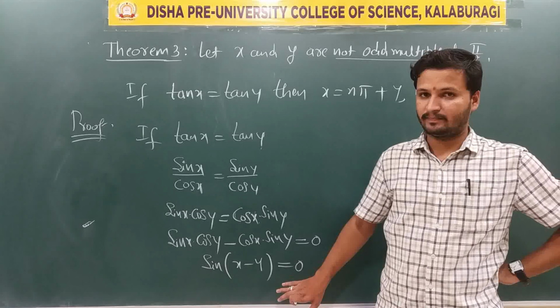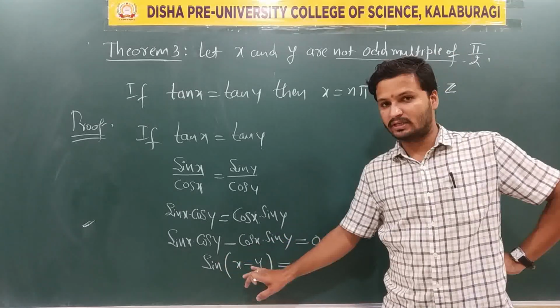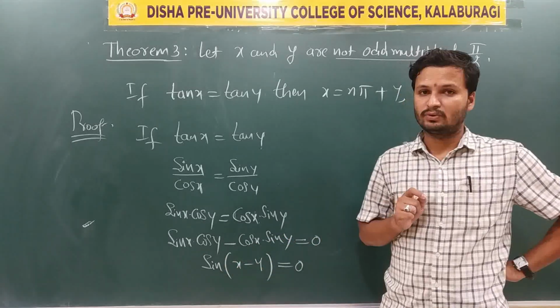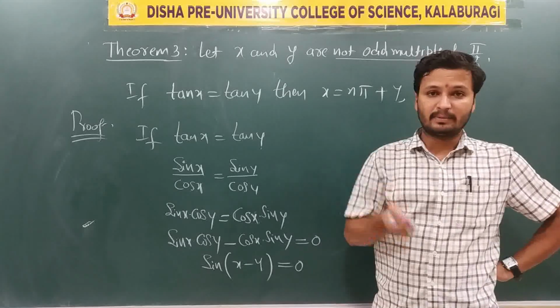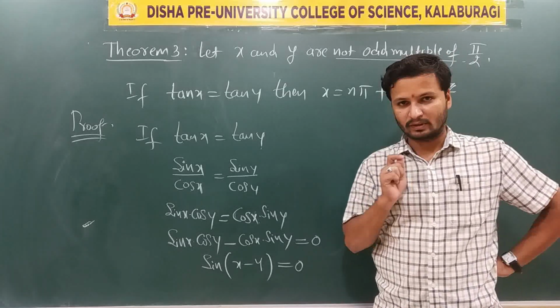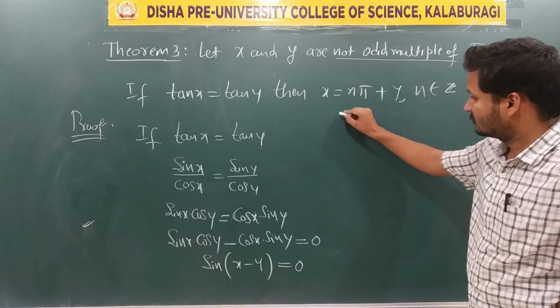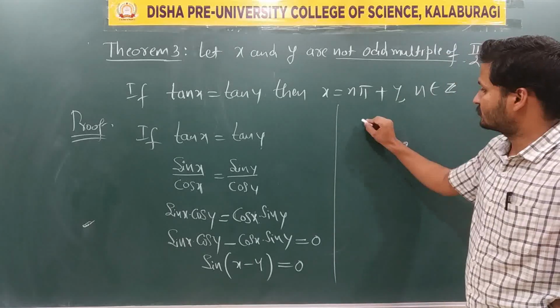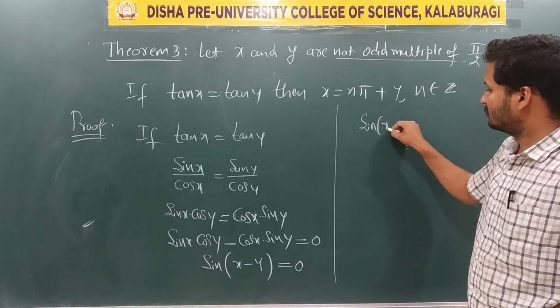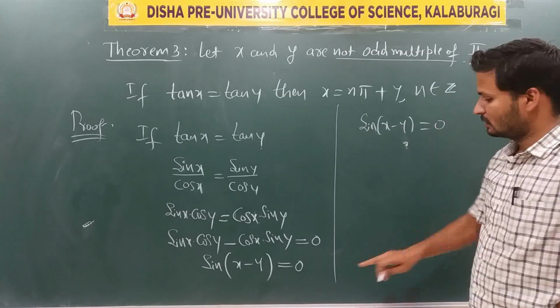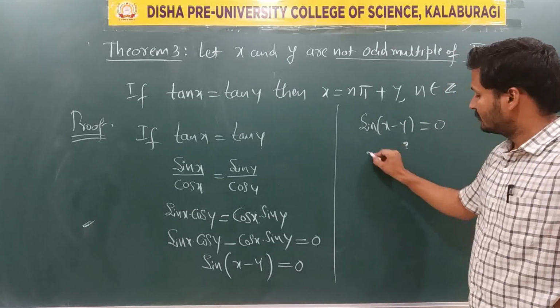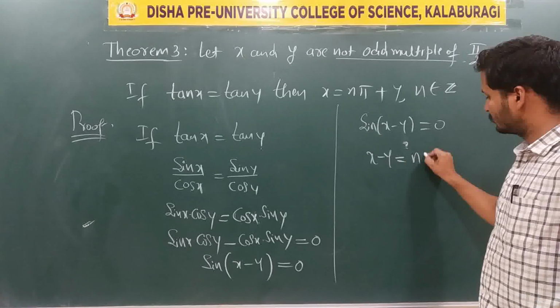Note number 1: if sin x is equal to 0, then x is an integral multiple of pi, that is n pi. So sin of x minus y is equal to 0 can be written as x minus y is equal to n pi.